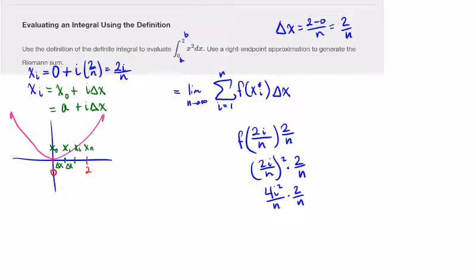And so that'll end up being 8I squared over, and I forgot to square the n down here, over n cubed, right? n squared times n is n cubed. All right, so that's my value there. So now I'm going to bring down the sum from I equals 1 to n.